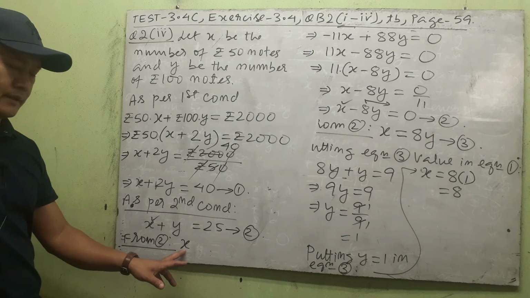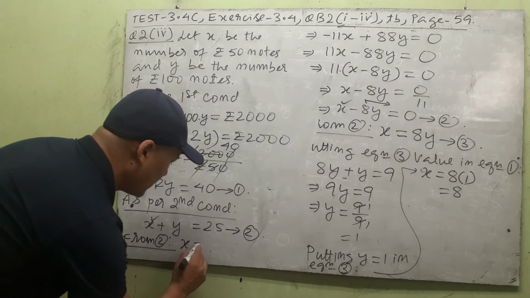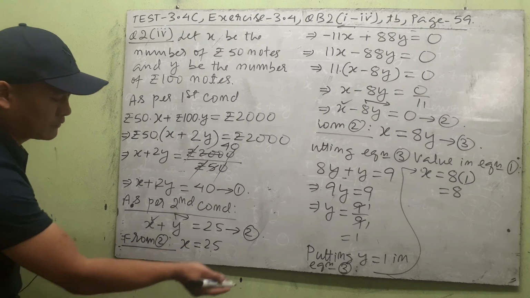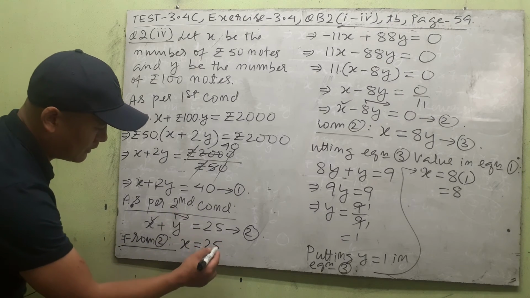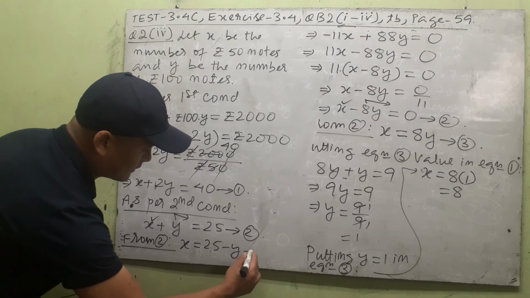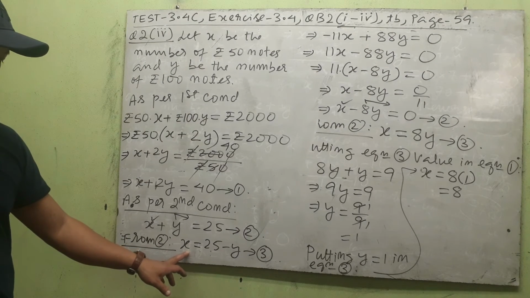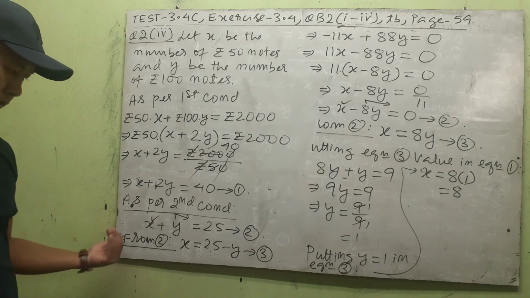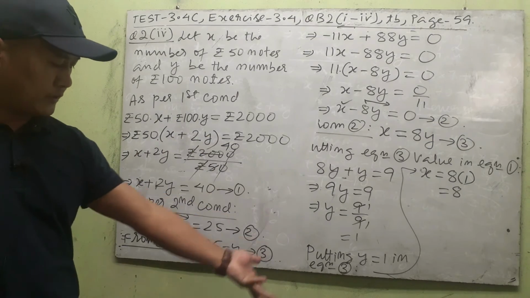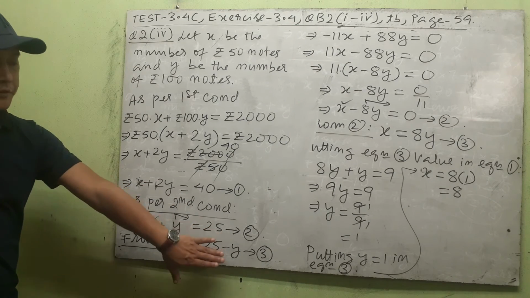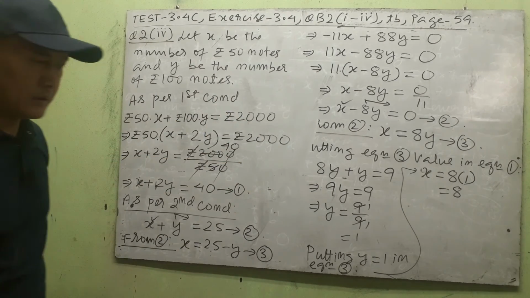I'm going to express x in terms of the rest, so x is equal to 25 minus y. In terms of the rest means everything else goes on the right side, and plus 1y becomes minus y. So this is equation number 3. Your equation number 3 should be in such a form that either y or x only is on the left side and the remaining terms and expressions are on the right side. And we're going to substitute that in the next step.